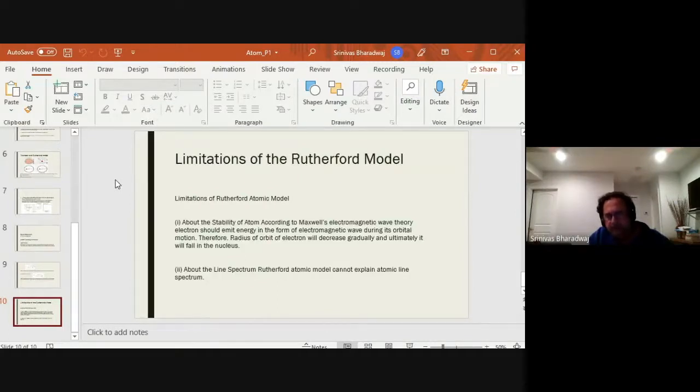So you read that chapter, then we will move on to the next model which became successful. That model is called the Bohr model, founded by Niels Bohr. So let me then introduce the Bohr model.